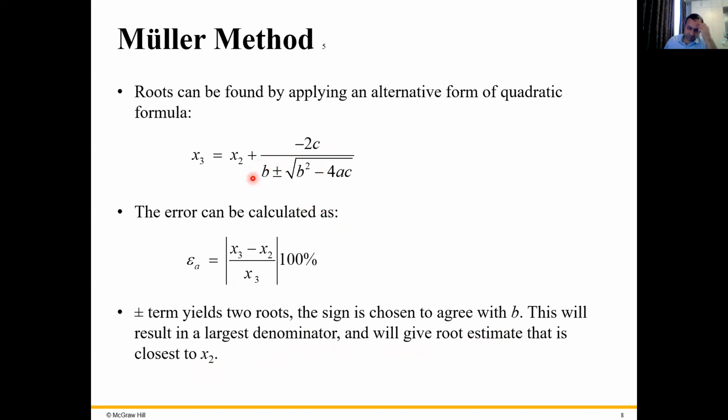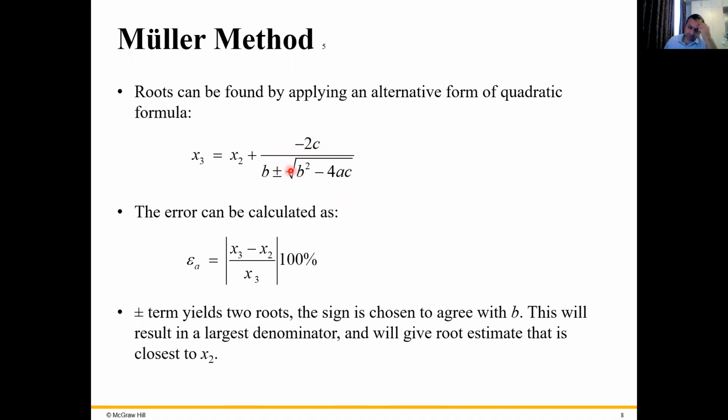So that means here we have to find x3, but here we have two signs. Whichever sign we take, plus or minus, we will take it in such a way that the denominator will be the largest one.